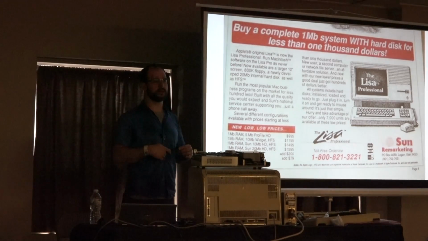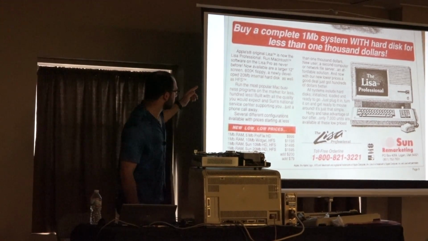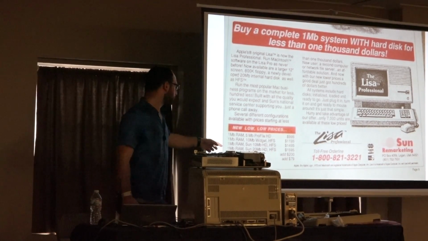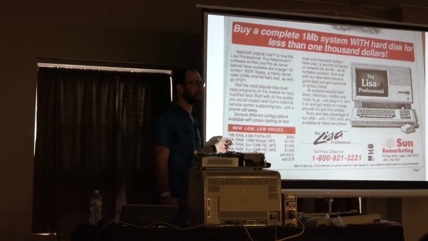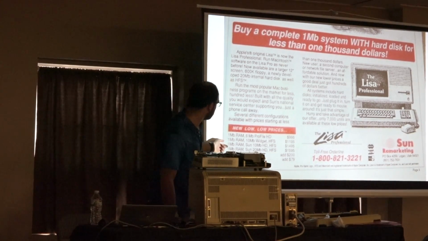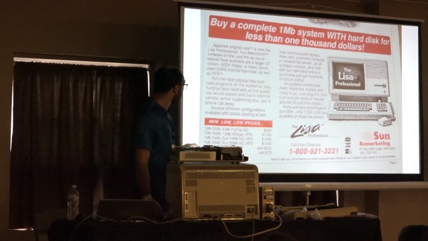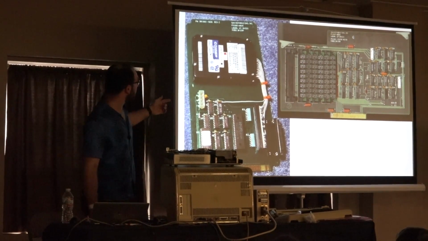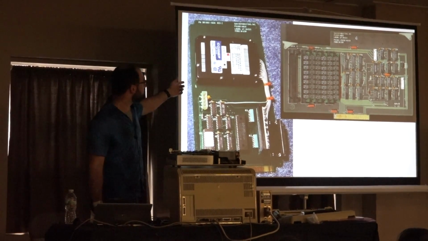But the one, well, we'll get to that in a moment. In 1988, Sun is still selling these things, so for $1,000, or for $1,200, you could get a Lisa with a 10 meg hard drive, or you could spend a little bit more money and get an 800K drive, or you could spend a little bit more money yet and get their SCSI card for use with Mac OS only.